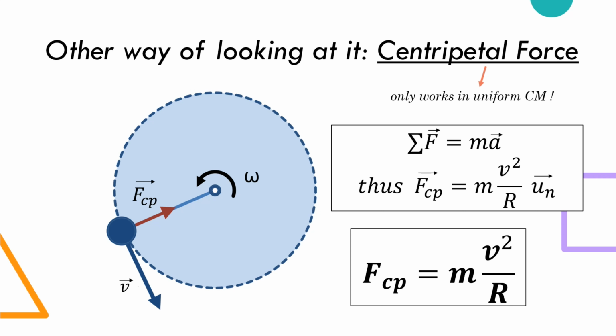And in the case of uniform circular motion, we know that the speed also stays constant. And thus, this force must always be normal to the trajectory. So it must always be perpendicular to the velocity vector so that it does not change the magnitude of the velocity vector. So it does not change the speed.